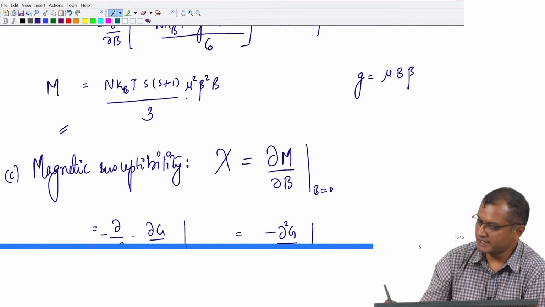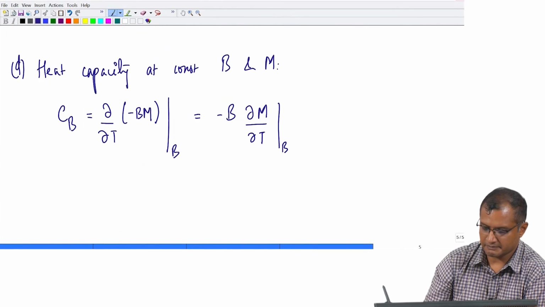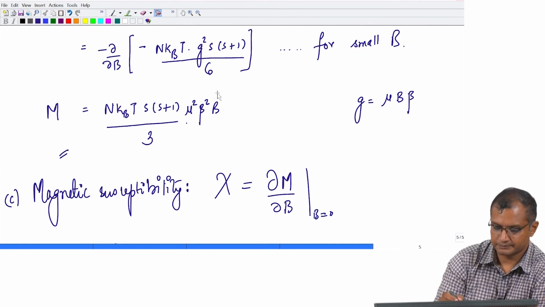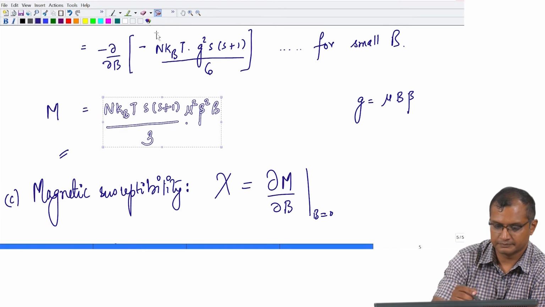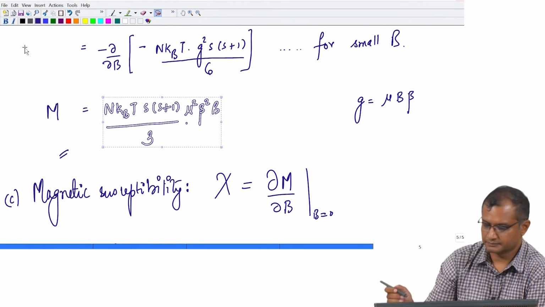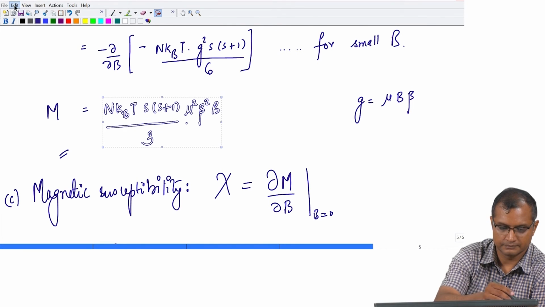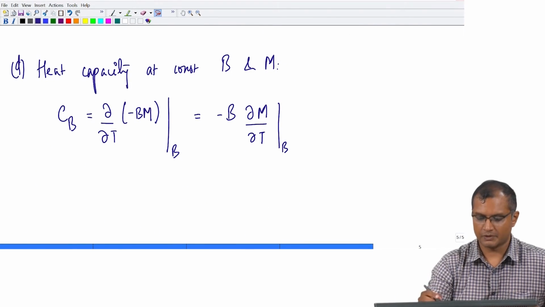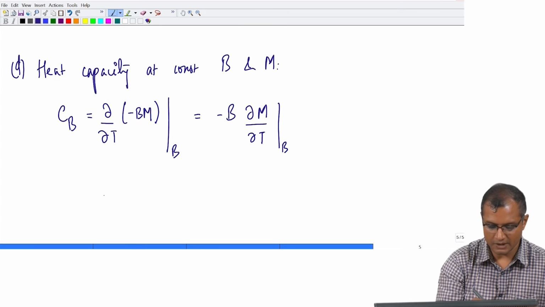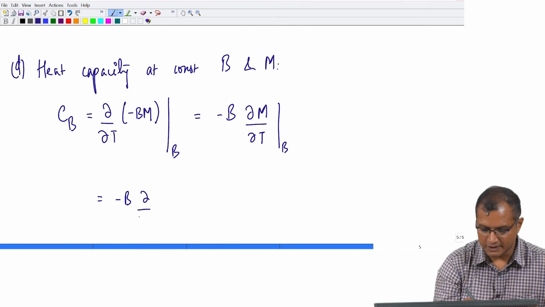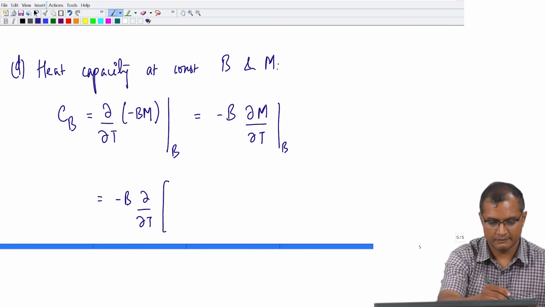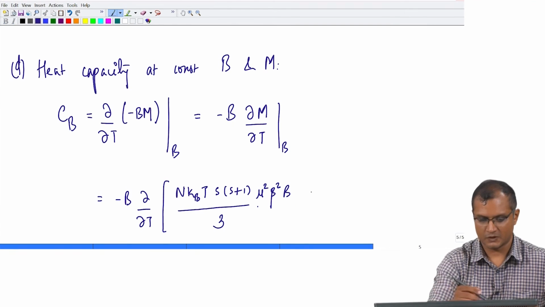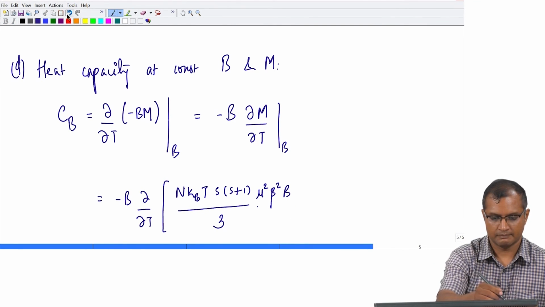If you look at this temperature derivative, what you get is, I am going to just write, minus B d over dT of this whole quantity.